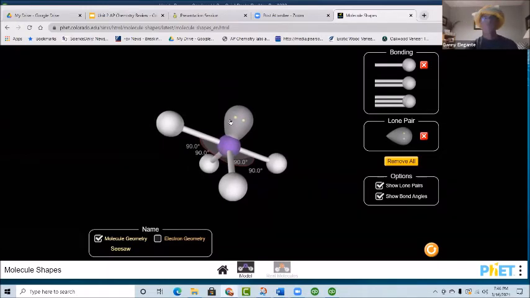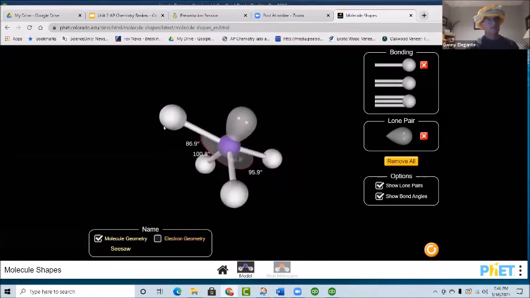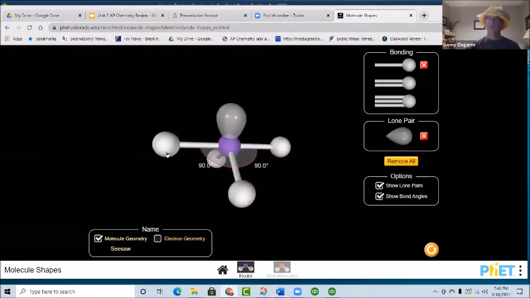But that lone pair kind of pushes the fluorines away so that it becomes that seesaw. So if nothing else, you can pull up that tool even on your phone, and you can play with those shapes, making sure you understand how they get there.